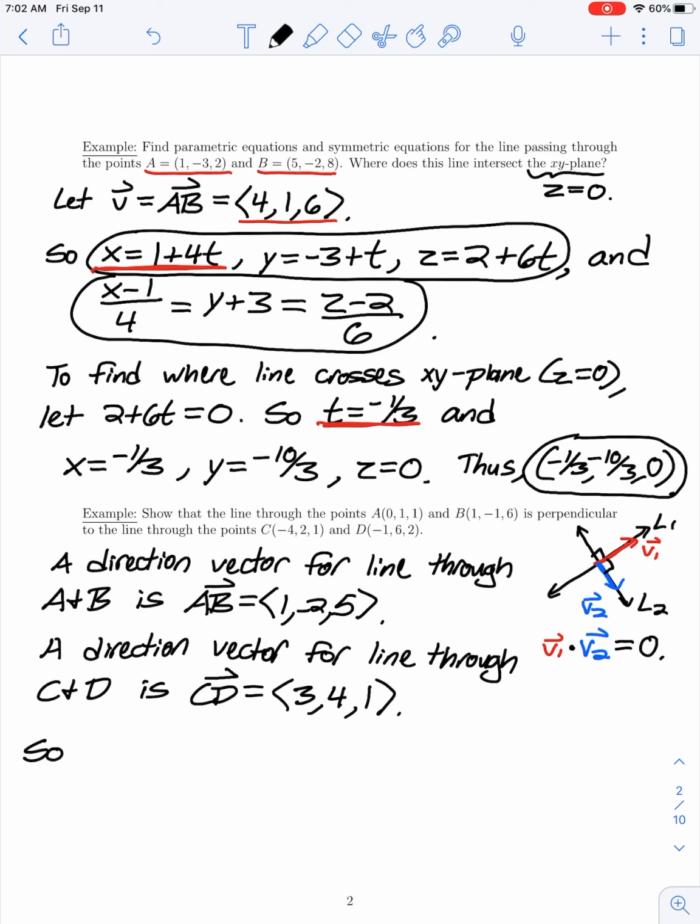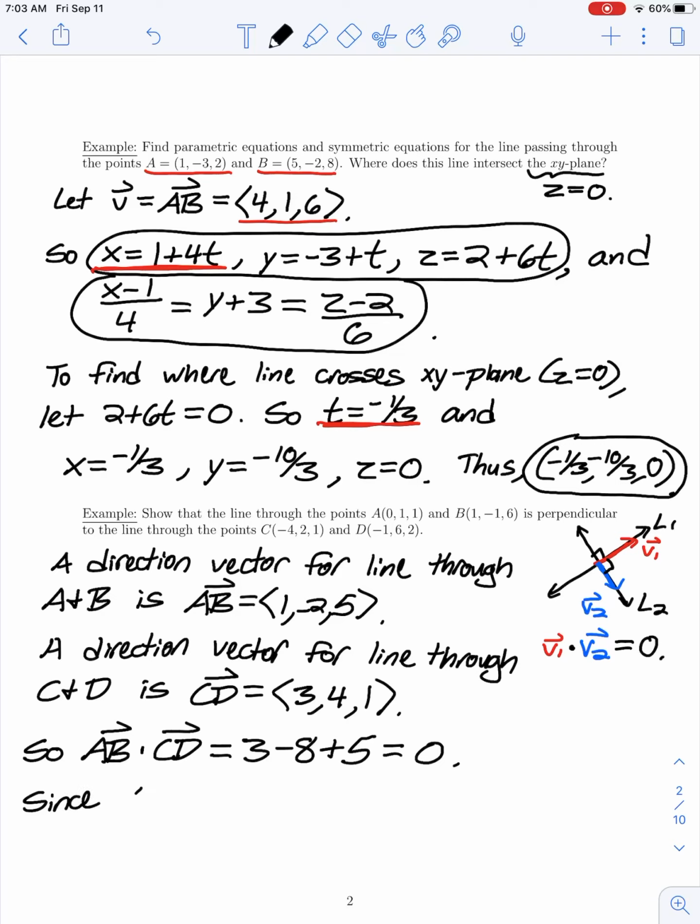So if we take the dot product of AB with CD, let's see what we have. The product of the first components of those two vectors would be 3. The product of the second two components would be -8, and the product of the last two components is 5, which leaves us with 0.